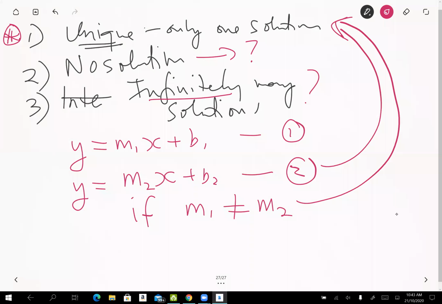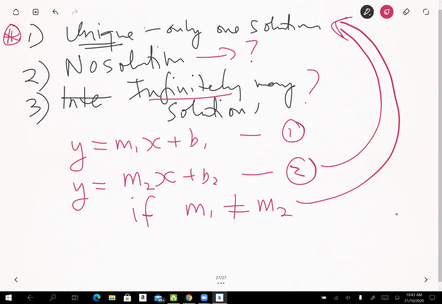If you have the slopes equal, then it's either no solution or infinitely many solutions. So anyhow, let's look at a case.